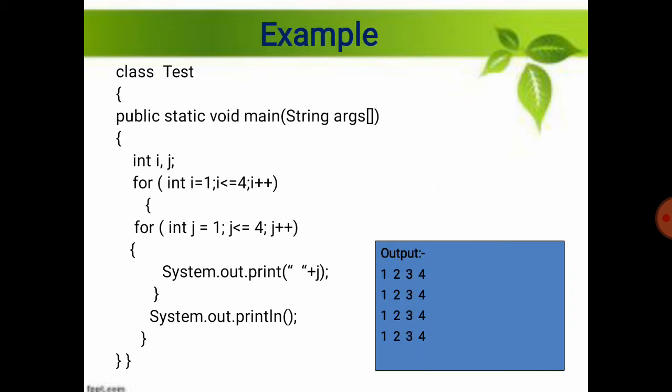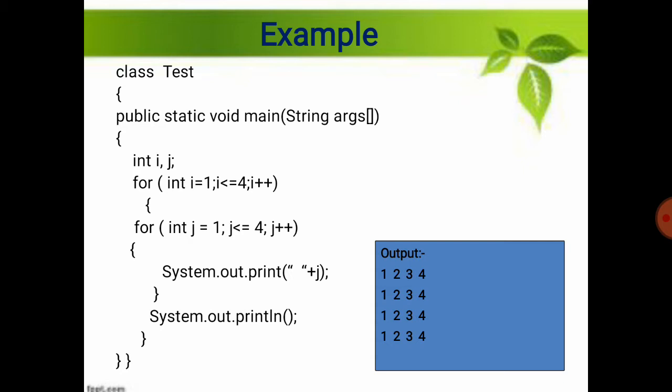Now I have changed the example, and instead of printing star, I print the value of j. The same way, when i is equal to 1, the inner loop prints 4 times, and now the inner loop prints the value of j. The first time j starts from 1, then second time it is 2, then third time it is 3, and then 4.